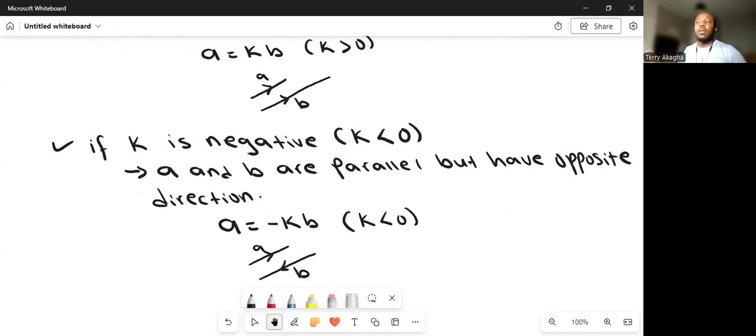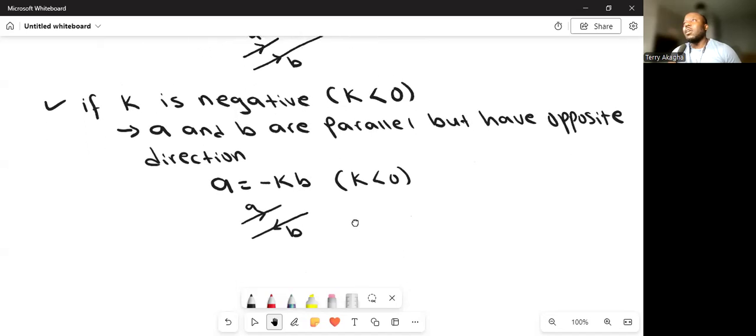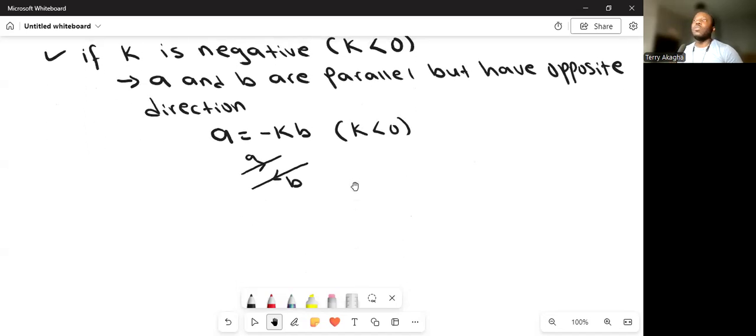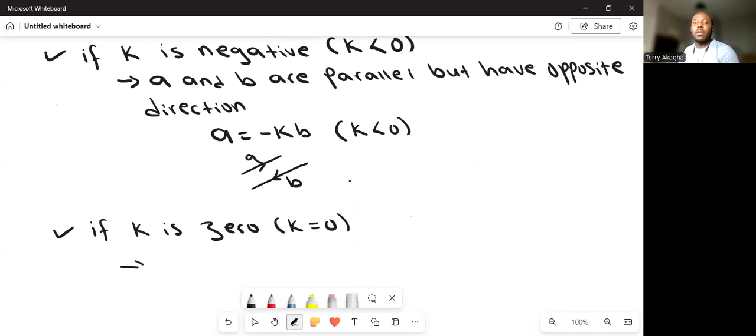are still parallel. Okay? Now, if you have k equal to 0, it's what we call a zero vector. So if k is 0, that means A is a zero vector.